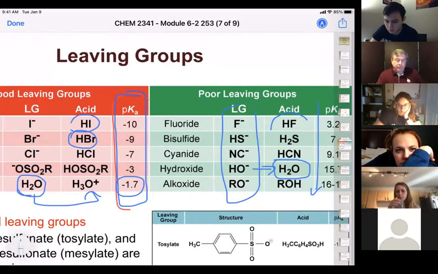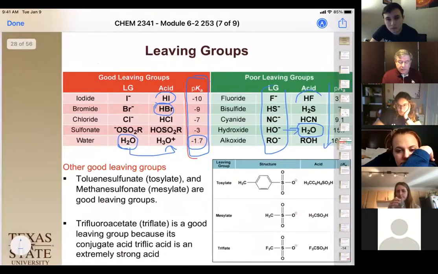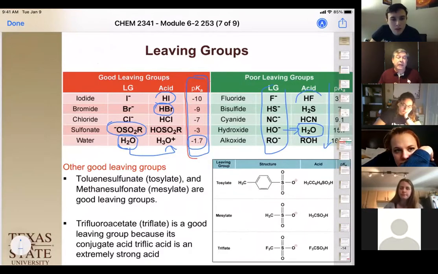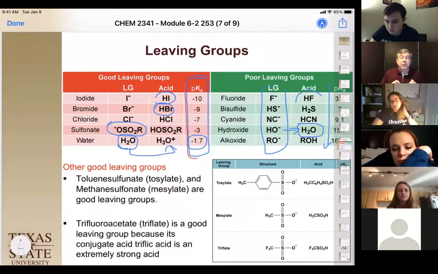We can trick it. Notice over here we have sulfonate. Sulfonates are kind of like organic versions of sulfuric acid. They have a carbon-sulfur bond. So we can trick alcohols, and we're going to talk about this in chapter 11, into being good leaving groups by converting them to sulfonates.